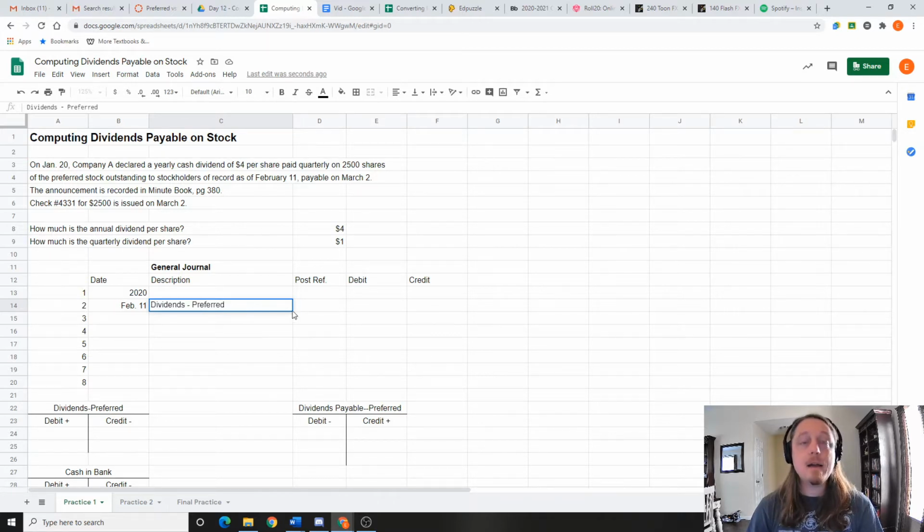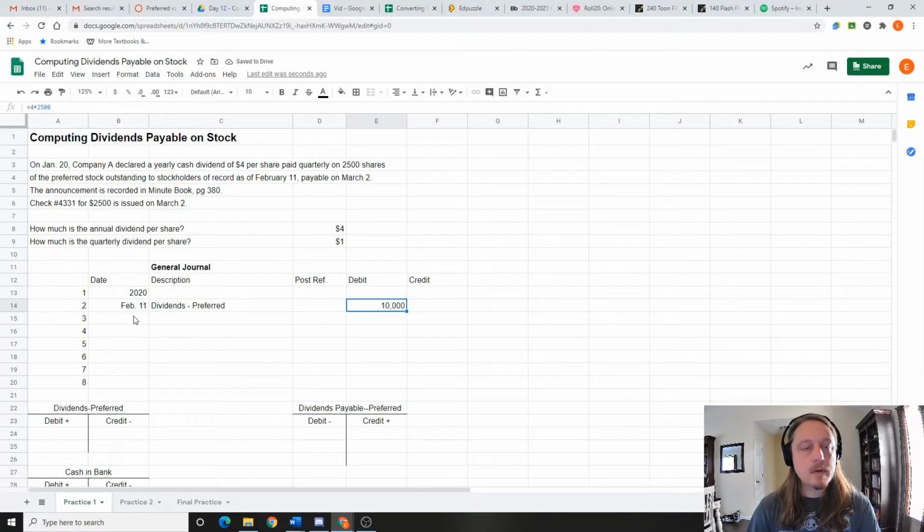That's going to be an asset type account, and we're going to keep track of what we've promised right here. So we've promised to pay $4 times 2,500 shares, so the total amount we owe is $10,000.